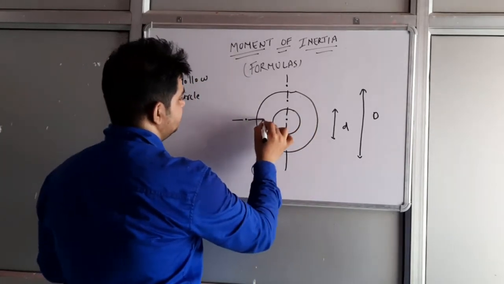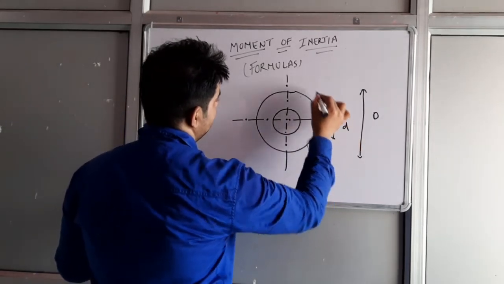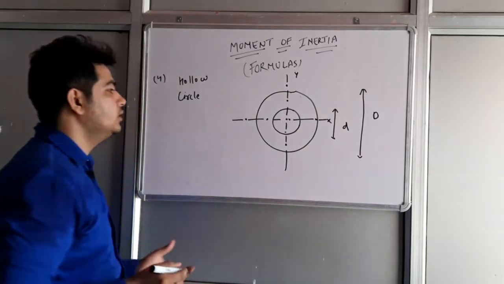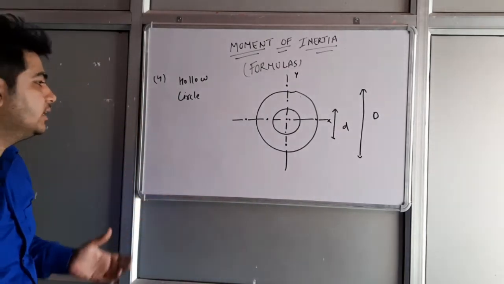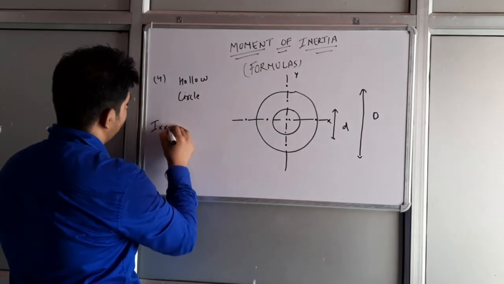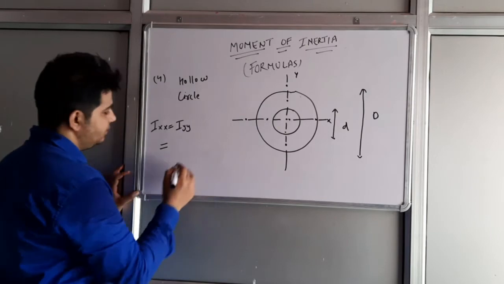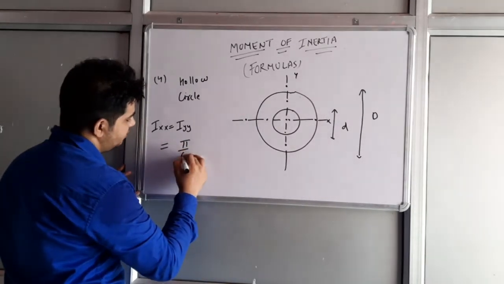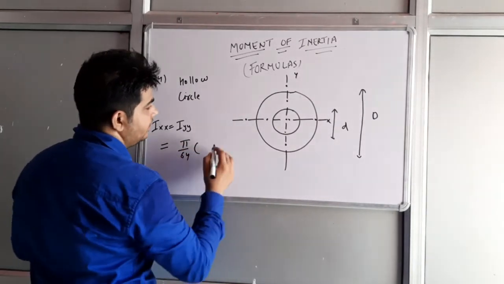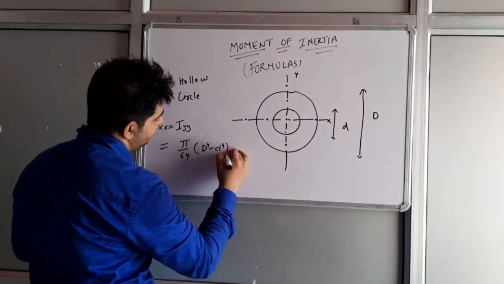Now x-axis. So the moment of inertia for hollow circle, for x-axis and for y-axis, will be pi by 64 times capital D to the power 4 minus small d to the power 4.